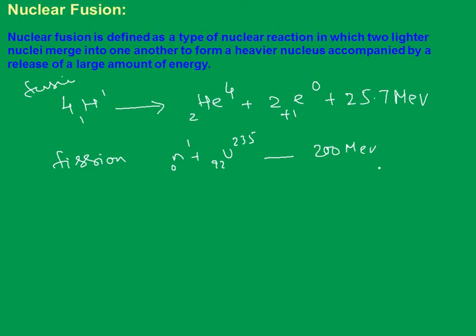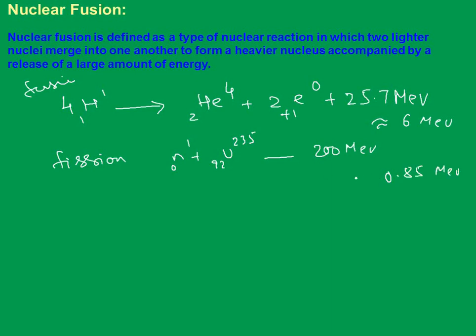In fission it will be around 0.85 MeV, while here it is nearly 6 MeV, 25 by 4, about 6. While in fission it is 200 by 236, so it will be near 0.85.